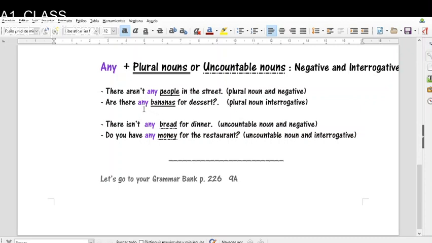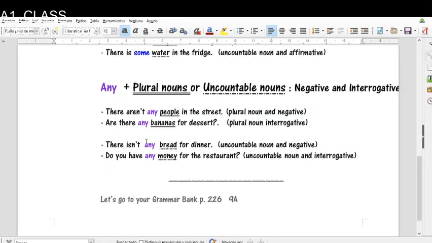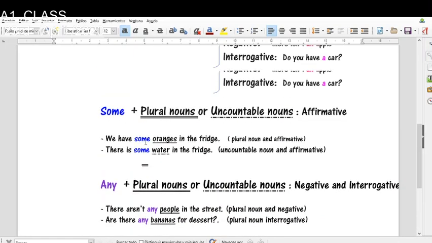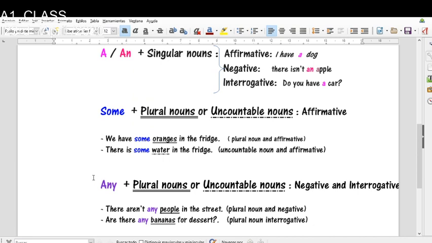Plural, interrogativa, any. There isn't any bread for dinner. Bread is uncountable, incontable, negativa, any. Do you have any money for the restaurant? Interrogativa, incontable, any. This was the explanation I sent you by mail. Os lo envié por correo.